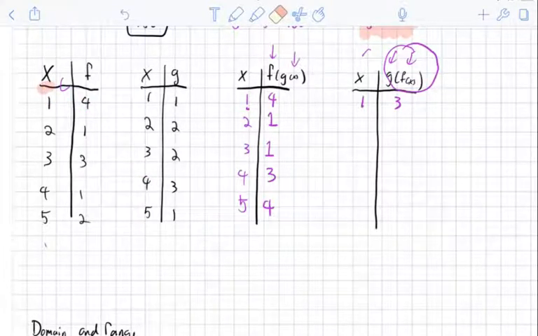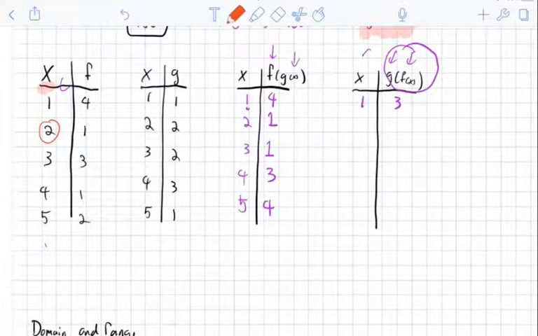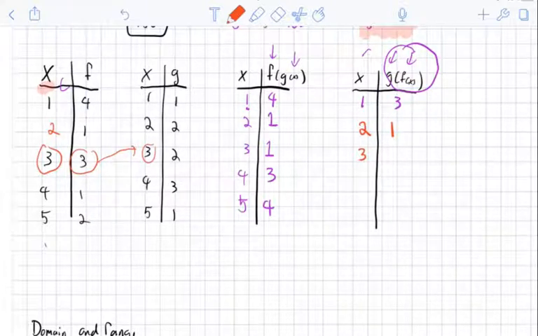When x is equal to 2, the function's output is 1. Then you look up 1 in this table. 1, output 1. Oh no. When x is equal to 3, the output's 3, and then you look up 3 on this table, and its output is 2.